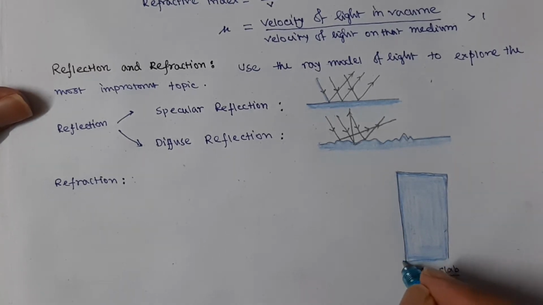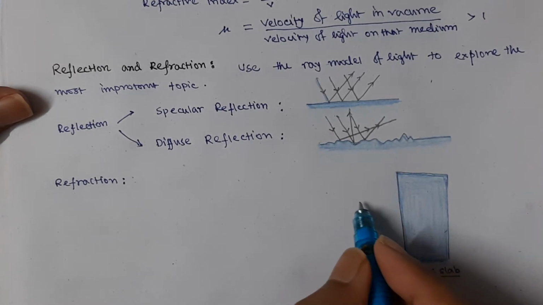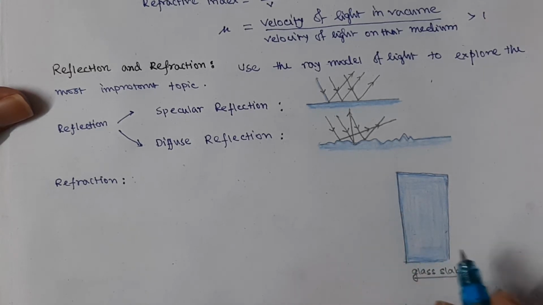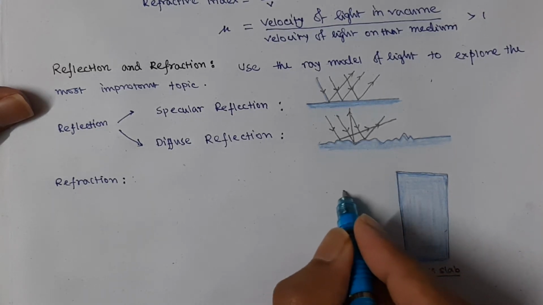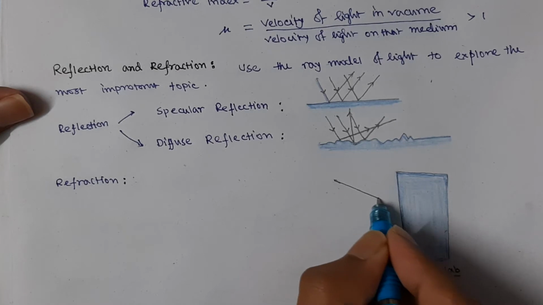We have to remember that the ray makes some angle with the normal. It is not perpendicular to the surface. So let's make some angle with the normal and strike the surface of the slab.